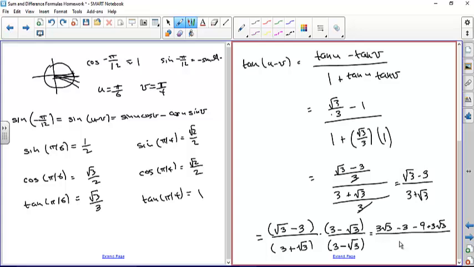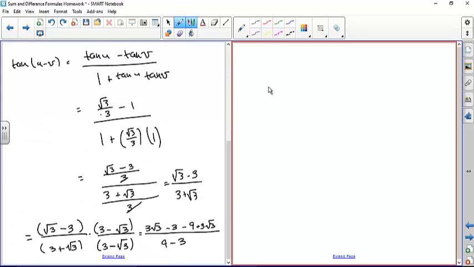And that's all divided by 9 minus 3. 3 times 3 is 9. The inner and outer cancel out. Negative square root of 3 times positive square root of 3 is 3. So in the numerator we get 6 because we have 3 and 3. 3 plus 3 is 6. 6 times the square root of 3 minus 12, all divided by 6.